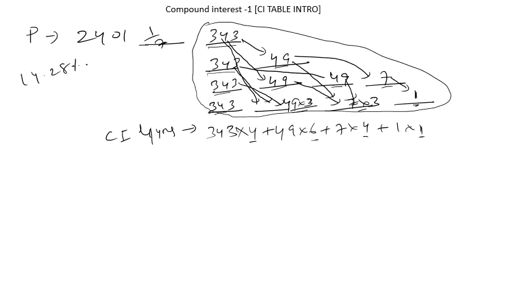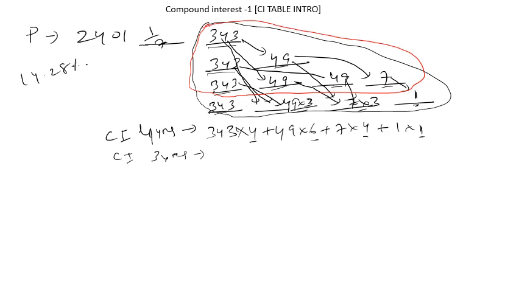Let's say I ask you to find this CI for 3 years. CI for 3 years will be how much? You try in your copy. I'm just changing the pen color. Okay, so CI for 3 years will be how much? The summation of this part is the CI for 3 years. That is 343 is appearing how many times?